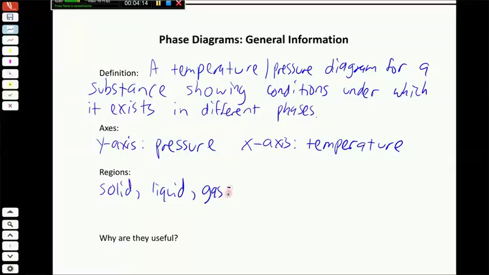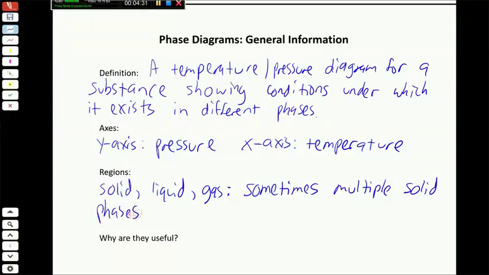Although, as we'll see, with certain substances you'll have different phases present for solids. Sometimes there are multiple solid phases present. The one that we'll see today, and the one that we're already kind of aware of, is carbon. We know that carbon can have two different phases, diamond and graphite, and both of those will be shown on the phase diagram.